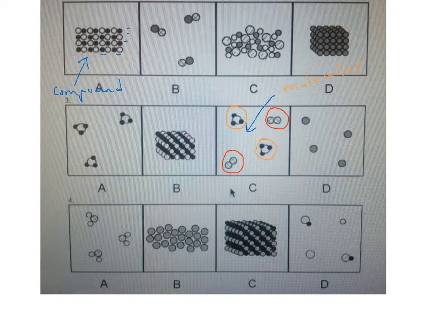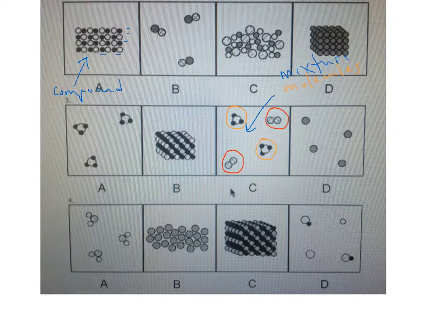So what this is probably trying to represent is a diatomic element. But we can also call diatomics molecules because each one is made up of two or more atoms that are combined. So within this box, what we have is a mixture of molecules.